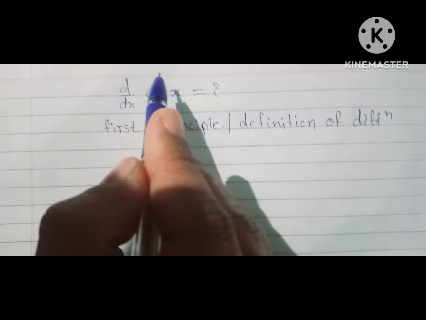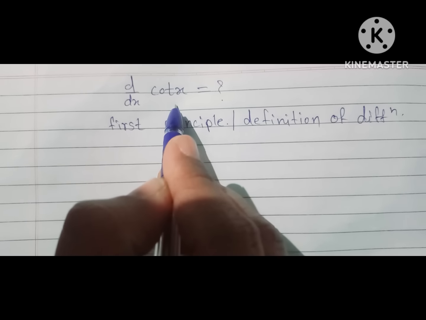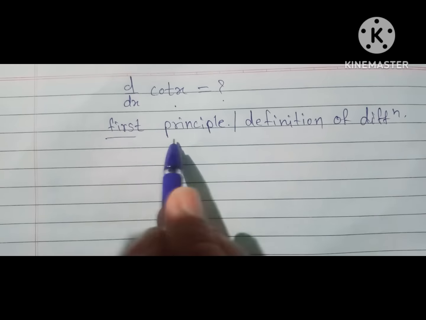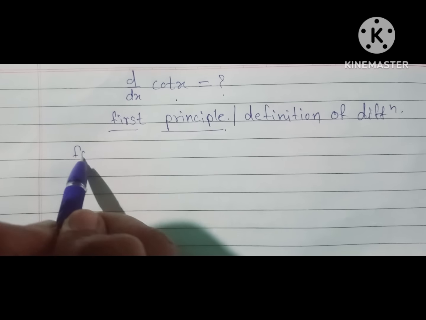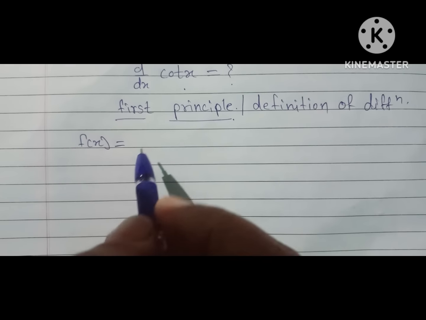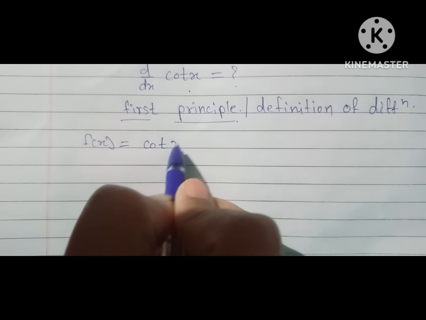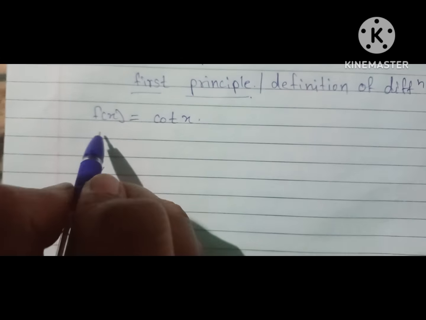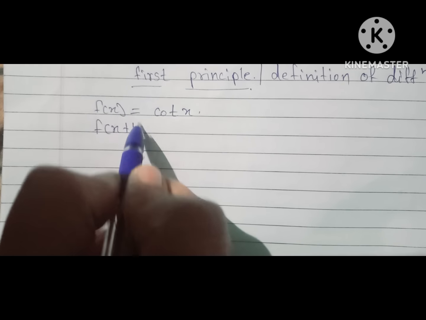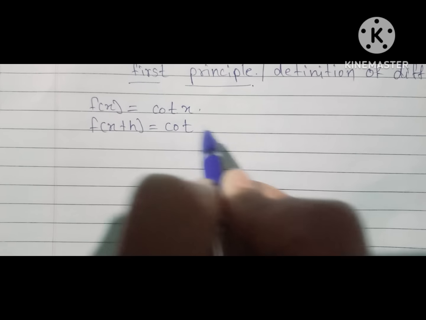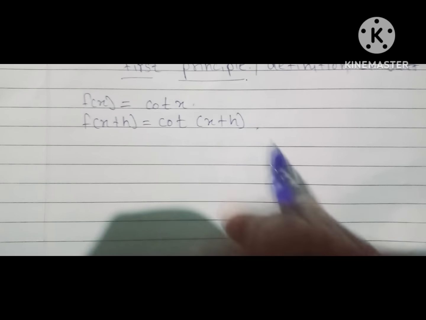When we have to find out the differentiation of cot x with respect to x by using first principle, we will assume that f of x is equal to cot x, and f of x plus h will be cot of x plus h.